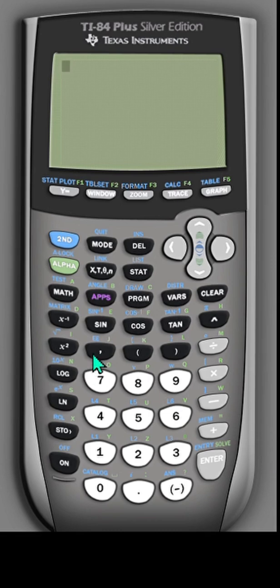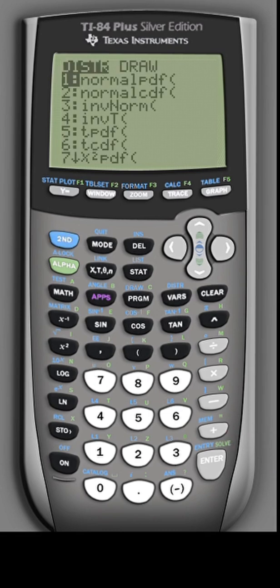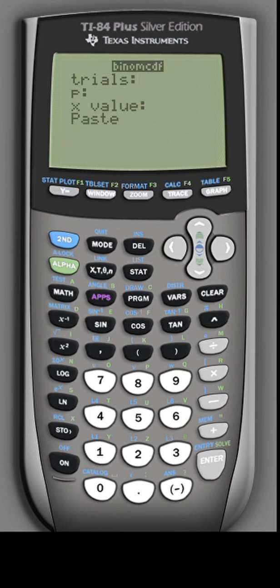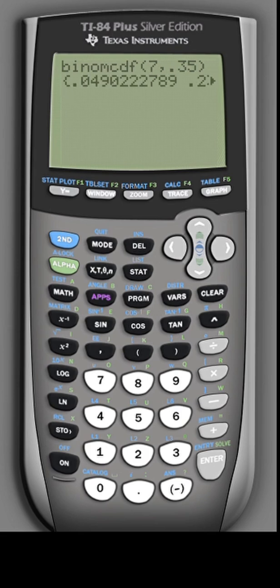Go to distributions, second, variables, and we're going to go to the B option, which is the binomial CDF. Again, what is the probability that out of 7 trials with, for example, a probability of 35%, up to whatever number is a success. So I'm going to do it without putting x. And what happens is that it goes adding up as you increase.